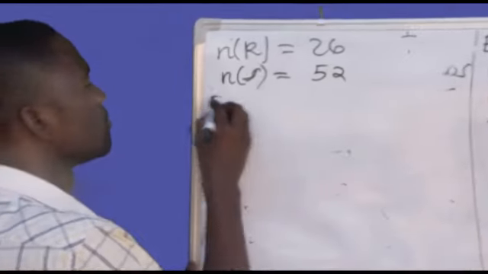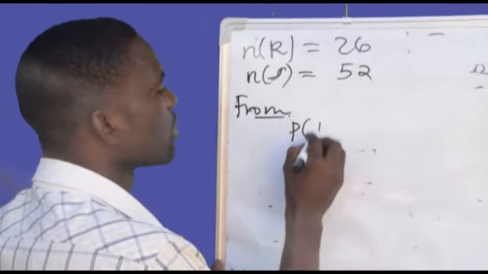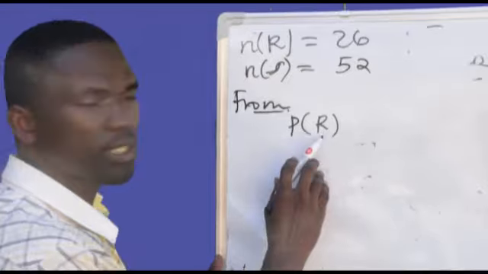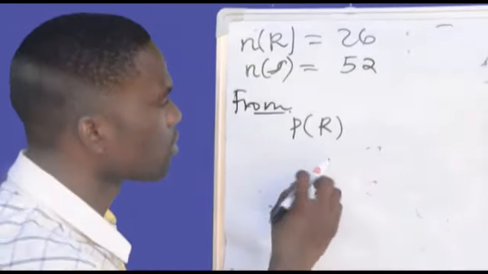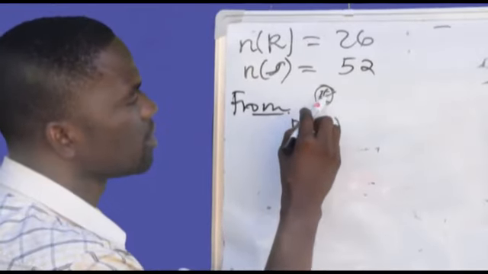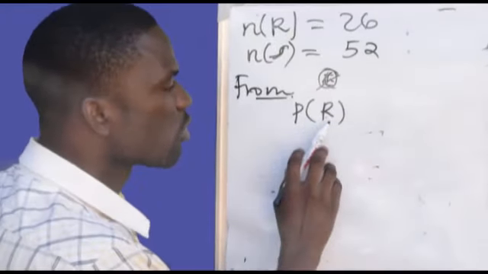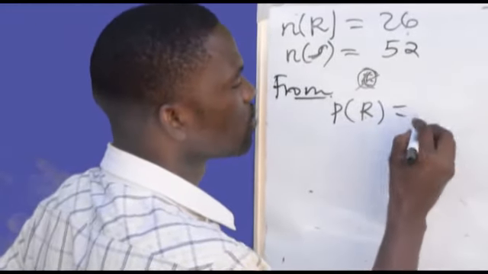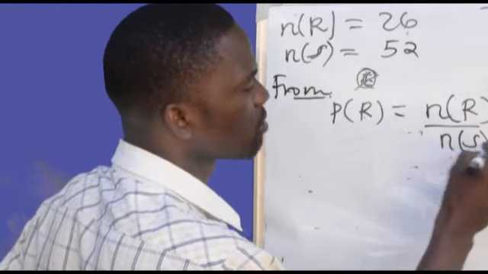So for the probability of a red card, the event now is red card, so it's not necessary that at all times you use the letter E. You can replace E with R. So the probability of drawing a red card is equal to the number of red cards divided by the number of sample space.